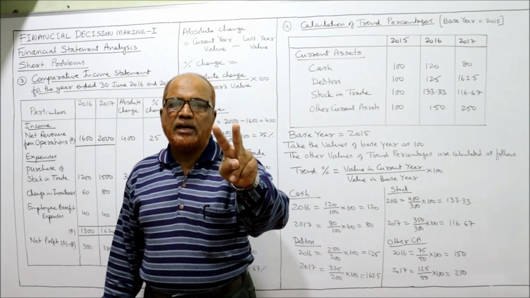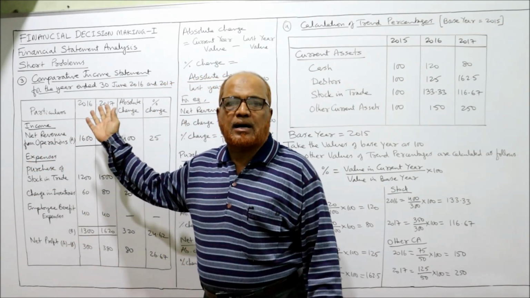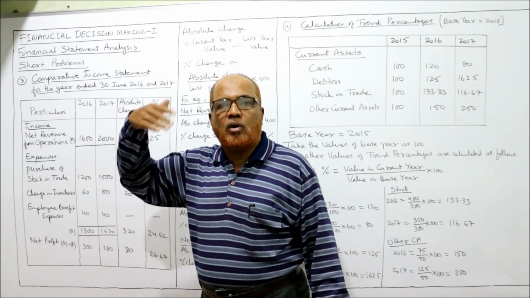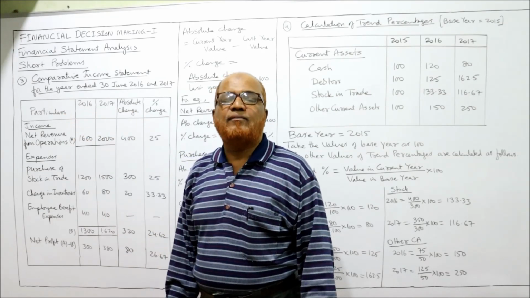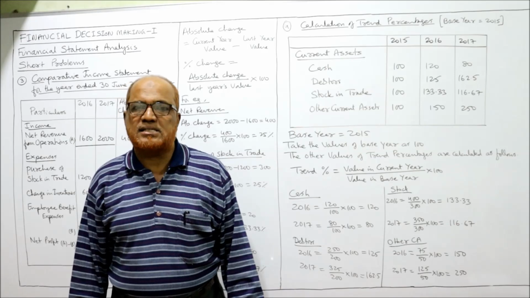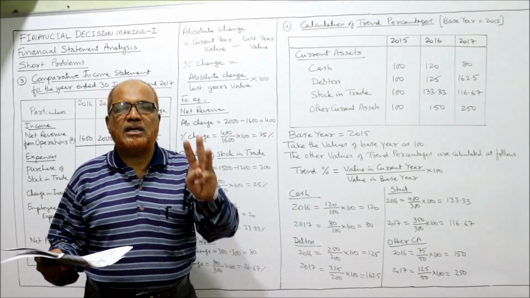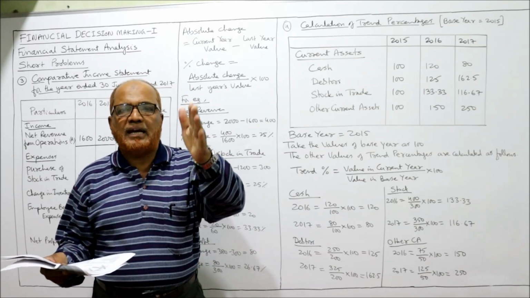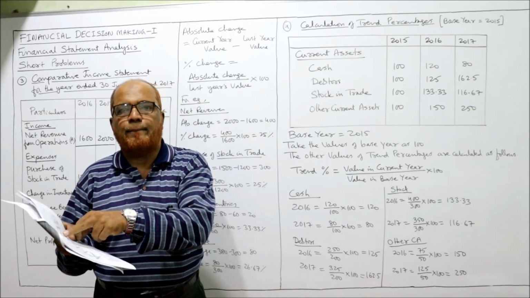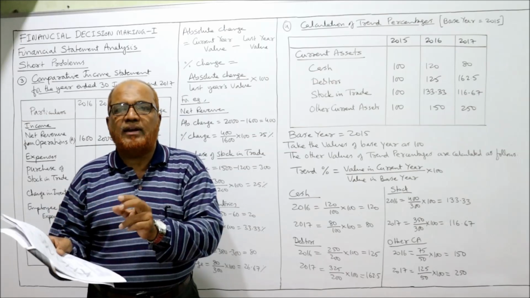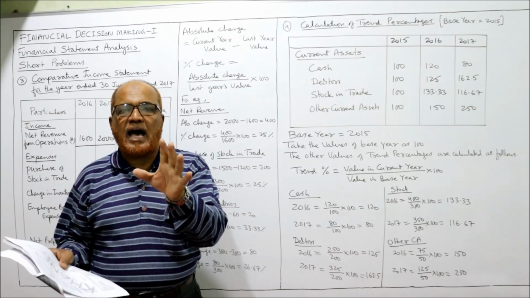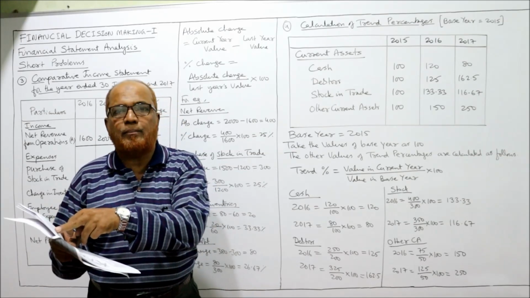If only 2 years' data is given, we could have applied comparative statement. If more than 2 years are given, then we can apply trend analysis. So in this problem, we are required to calculate trend percentage. 3 years' data is given: 2015, 2016, 2017. And clearly it is given, take 2015 as the base year.